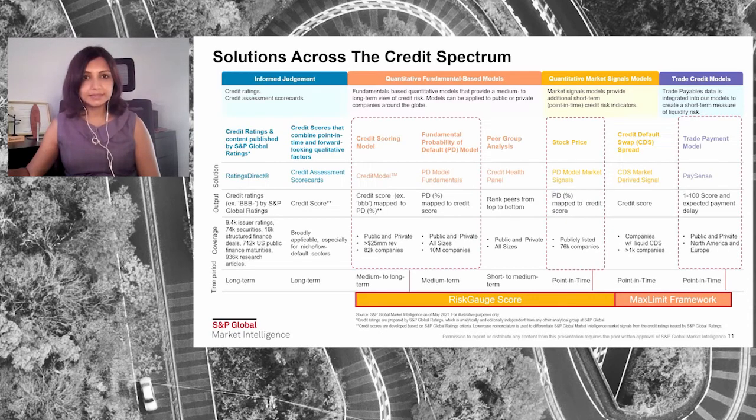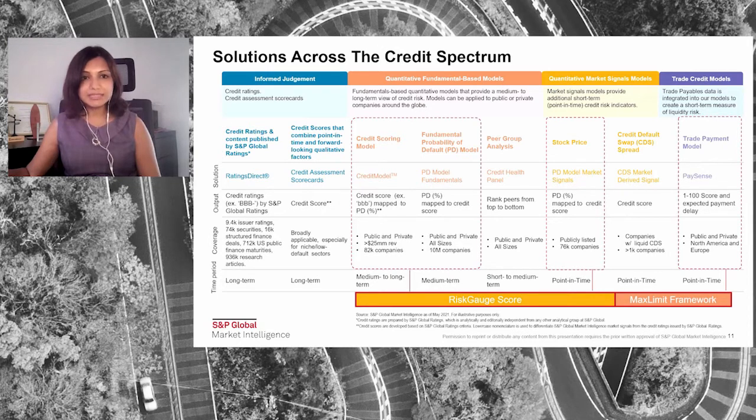The next slide provides you with an overview of our various solutions across the credit spectrum. Of these, I will be zooming into and solely focusing on the highlighted models that are available via the Credit Analytics Suite. This suite of statistically trained models helps you to reliably score as well as efficiently monitor the risk of your customers or counterparties.